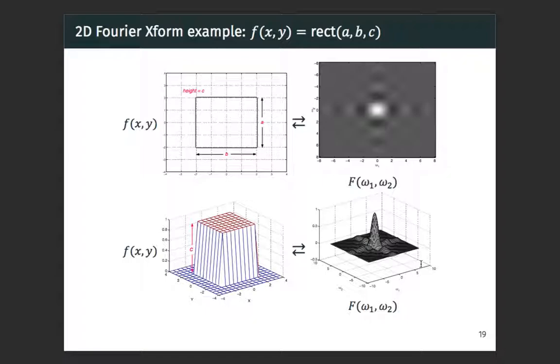So when you have a sharp feature here, that will translate into very high frequency here. It's the trade-off you have working with frequencies. Does it make sense? All that is just an extension of what you've seen in 1D to 2D.